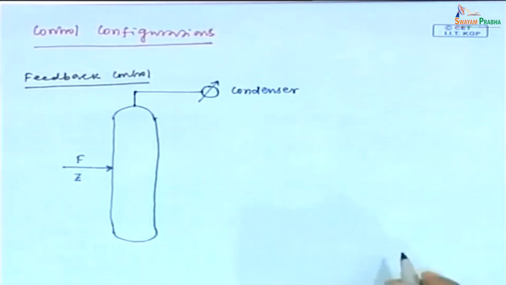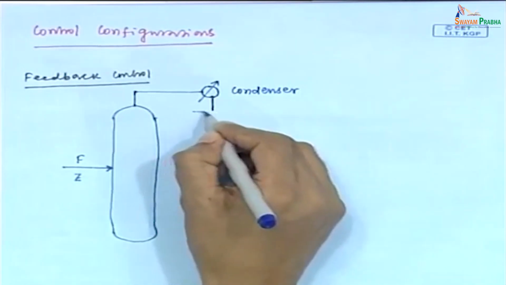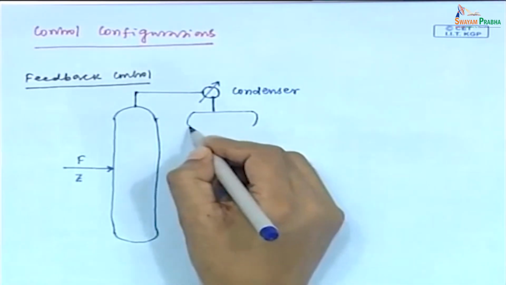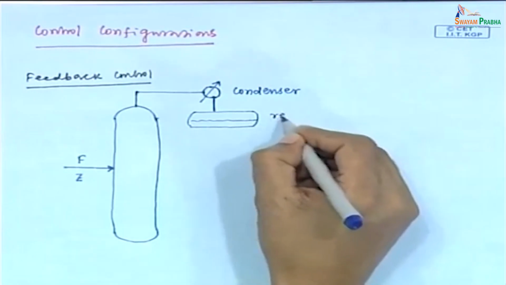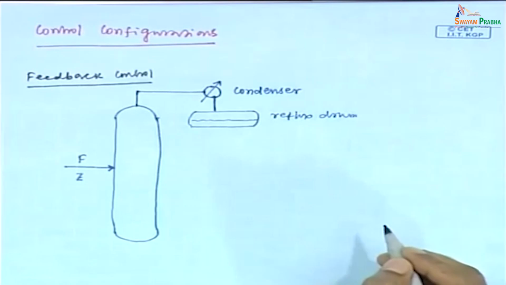Then the condensed liquid is accumulated in a drum, which is the reflux drum, also called reflux accumulator.